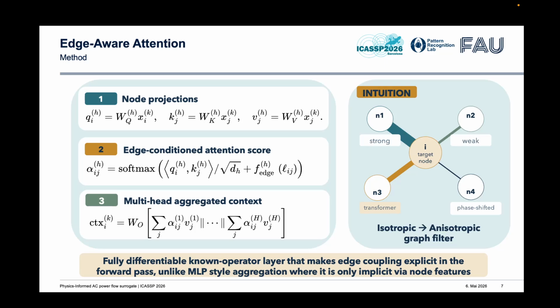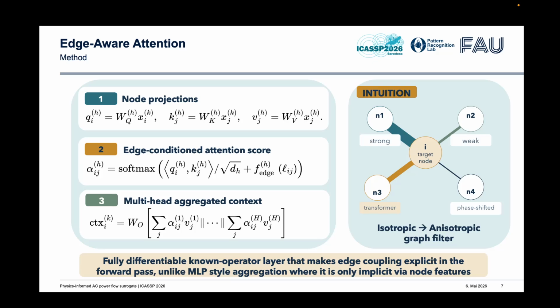Probably essentially the same idea, but the difference, as I understood, is that GAT is using only the additive method, but here we design the transformer style message aggregation. Like the query is the target node i's feature, while the keys and values are neighboring node j's features. So it's the same idea as the transformer in the legacy model, but as I understood, this is the first approach that we apply in the power grid, the graph neural network in this transformer style.